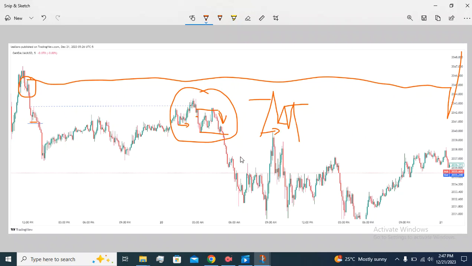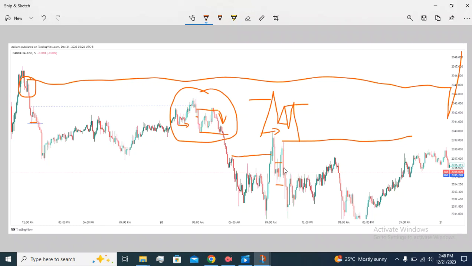We can also see the market sweep some liquidity here. After sweeping some liquidity there, the clearest first break of structure that we can see is this guy here, and this guy becomes the point of interest. There was some sweep of liquidity here.